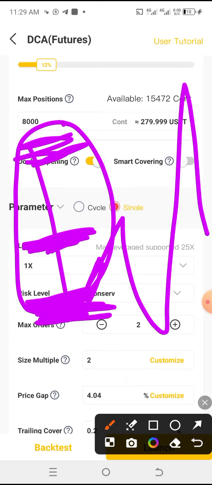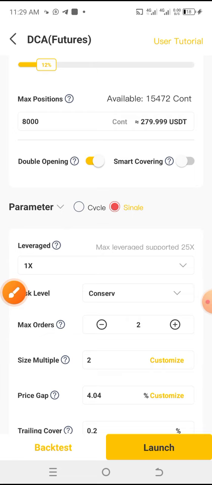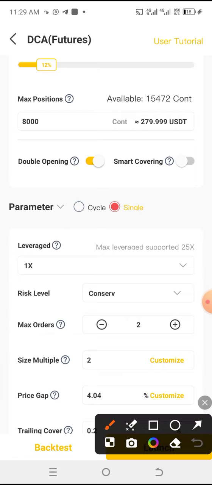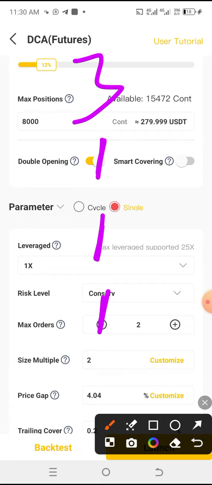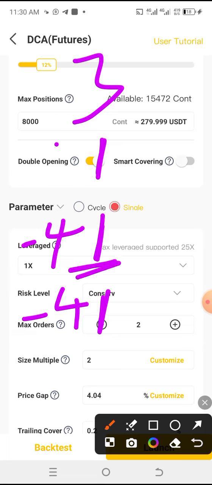You understand? So assuming you did this, you said buy 3 times, the first one, the second one, the third one. And you said buy at minus 4%, minus 4%. Now, a coin must have gotten to minus 4%, buy more.